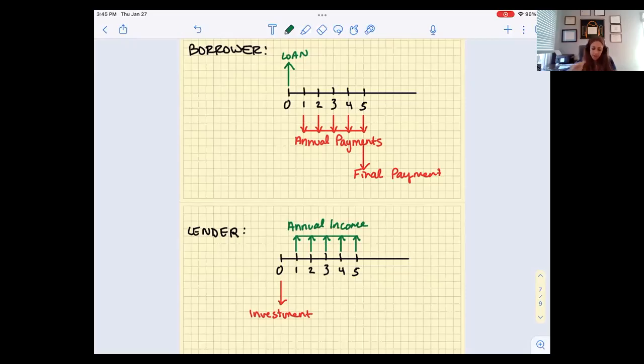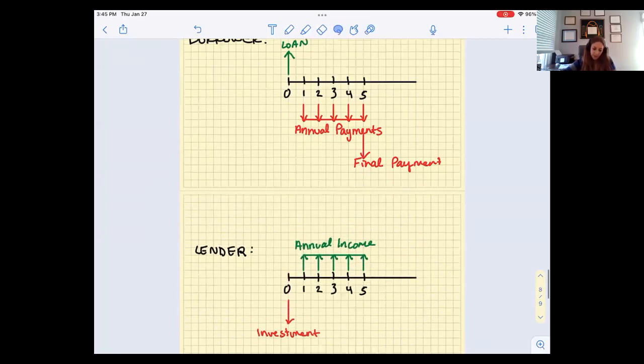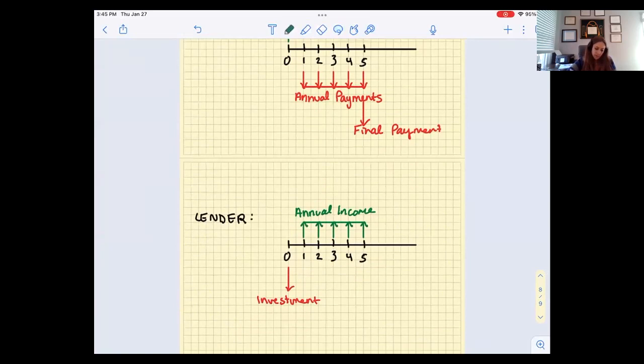And when you call and say, I'm ready, I want to pay off my loan, they tell you, okay, well, you owe me X amount of dollars to finish paying it off. So that final payment that you made is also income for them.